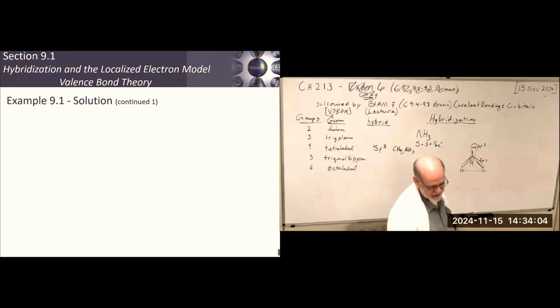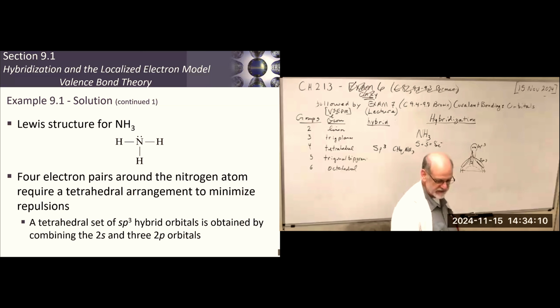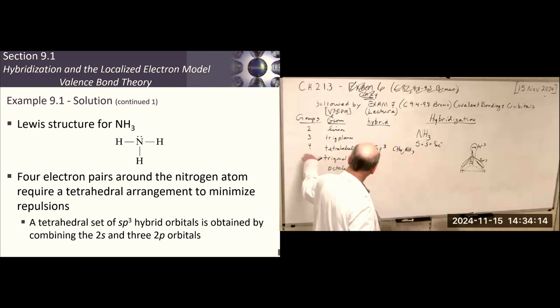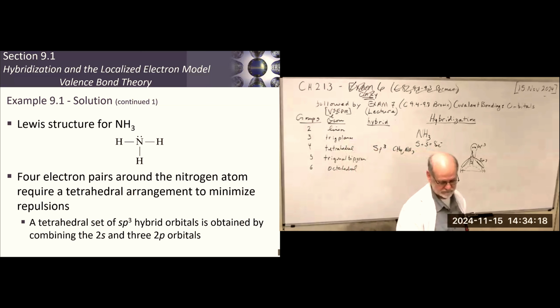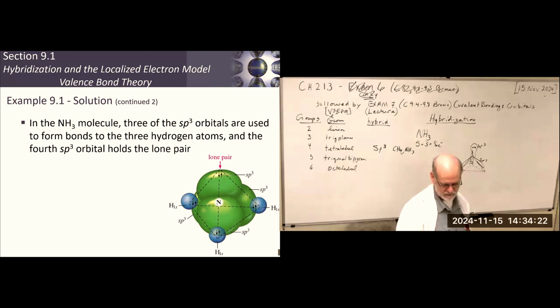You still have to follow VSEPR and draw the structure, find out how many groups you have around the central atom, and then decide what its shape is, and that will give you the hybridization required. All right, so there's what it looks like for ammonia.